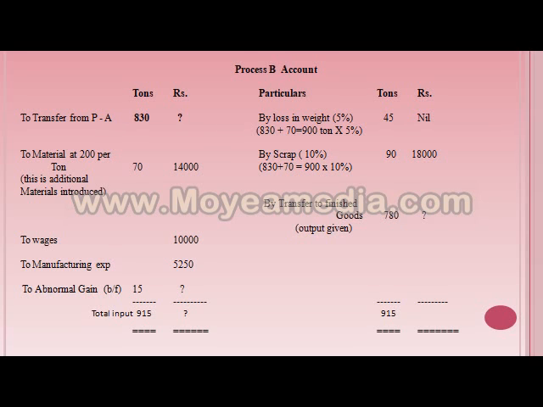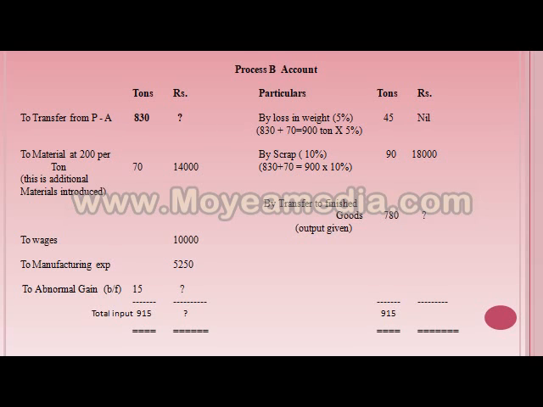Again in process B, the normal loss or loss in weight is given as 5%, which you calculate on the input. Here in process B, you receive 830 units from process A, and you have an additional 70 tons. When you put them together, you get a total of 900.